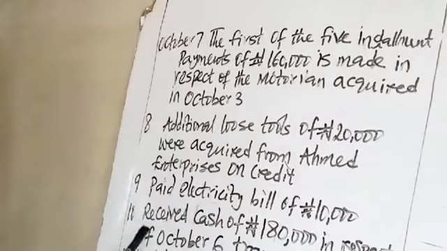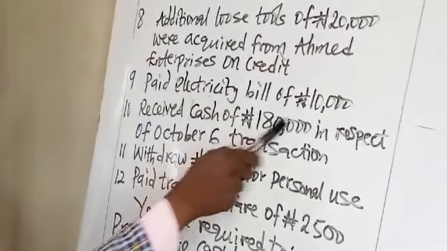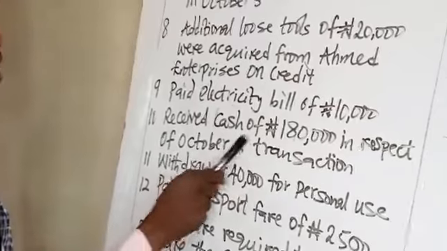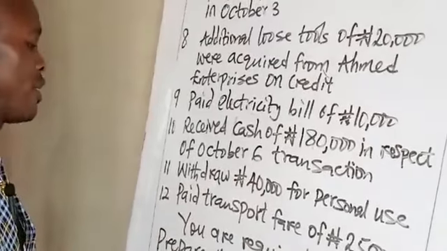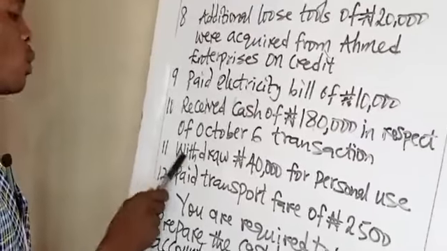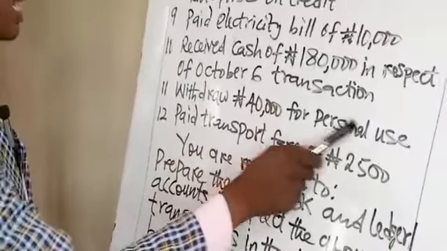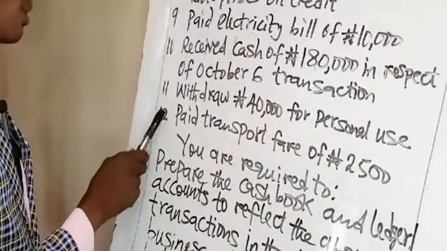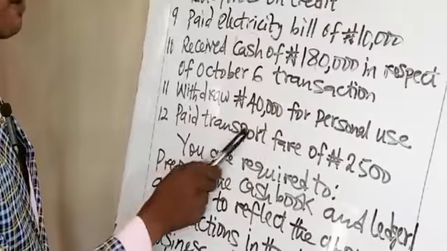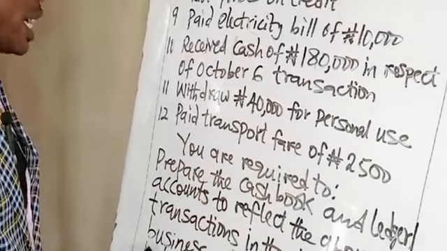On the 10th of October, received cash of 180,000 naira in respect of October 6 transactions. On the 11th of October, withdrew 40,000 naira for personal use. On the 12th of October, paid transport fare of 2,500 naira.